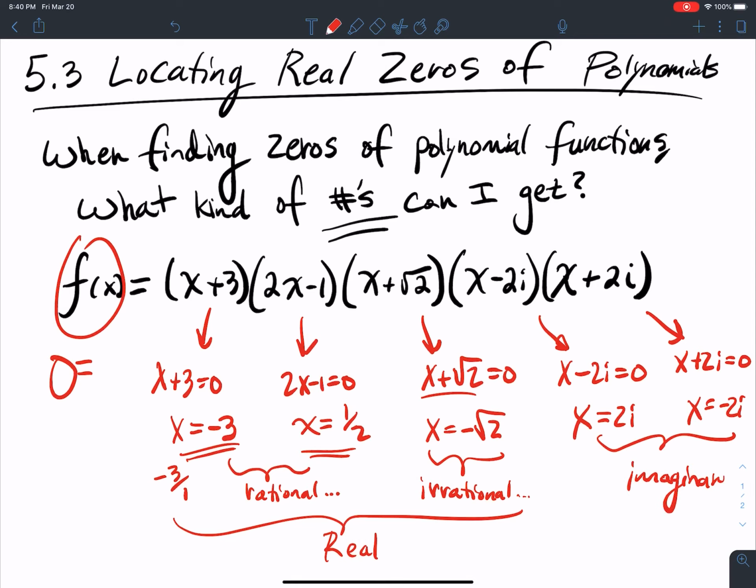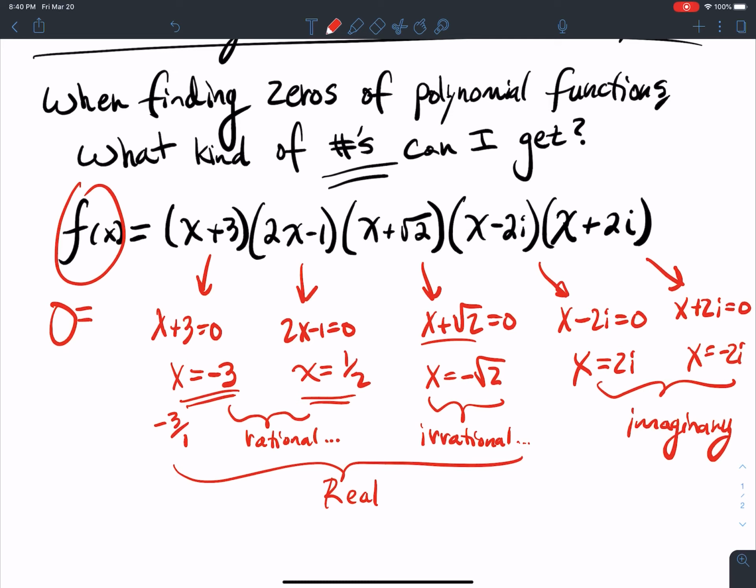Now, real numbers and imaginary numbers, also known as complex numbers, are represented by C, and real numbers by this script R here. Complex numbers and real numbers make up all of the numbers that we know.